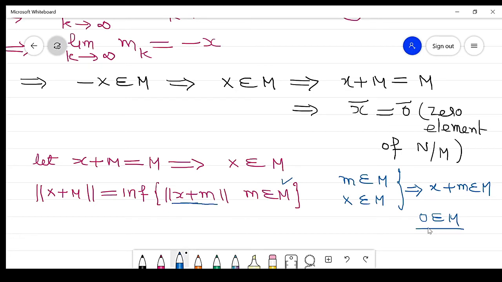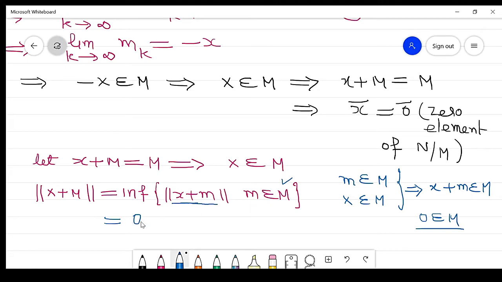So what is the minimum value? The minimum value is equal to 0. Clear? Why? Because this element belongs to capital M, and we take the infimum of the norms of vectors of M, and its minimum value is attained at the 0 vector.